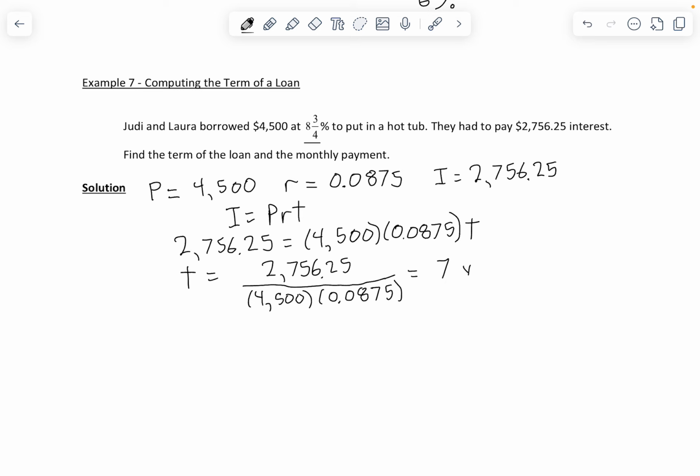And this is 7 years. The term of the loan was 7 years. And it says to find the monthly payment. So to do that, we'll need to know the term of the loan in months. Well, there are 12 months in a year. So 7 times 12 is equal to 84 months.